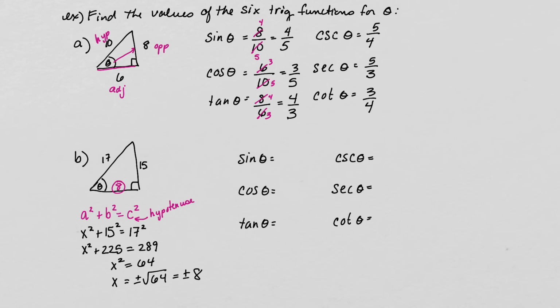So the sine, what would the sine be? The sine is the opposite, 15, over the hypotenuse, 17.